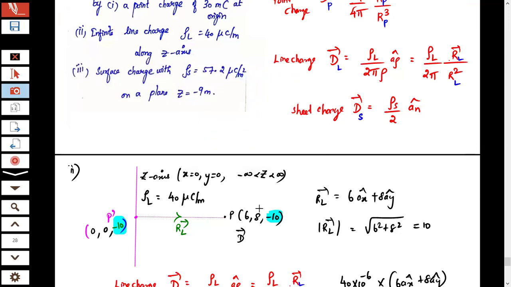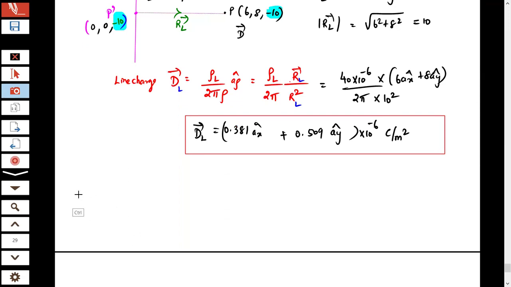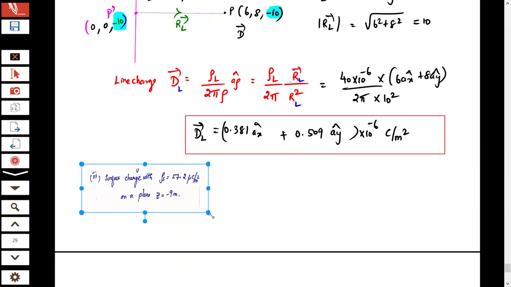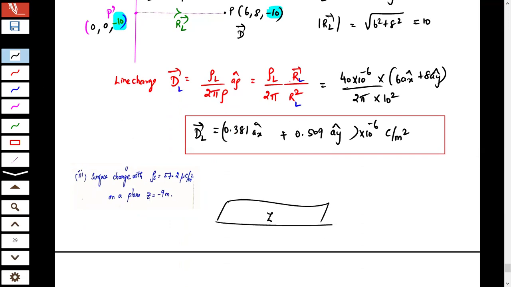So we can do that separately now here. For surface charge, the formula is D is rho s by 2 an cap. So let us try to understand this surface charge first. The surface charge is located on a plane which is at z value minus 9.